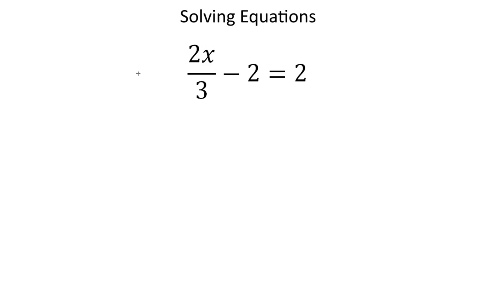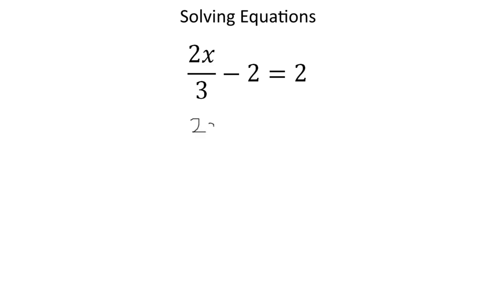Now you have to be careful here, because these two are separate terms: 2x over 3 and minus 2. I wouldn't jump in and multiply by 3 on both sides, because that would be kind of a mess. You could, but the better way to do this is to try and eliminate the minus 2 first. So we're going to bring minus 2 to the other end.